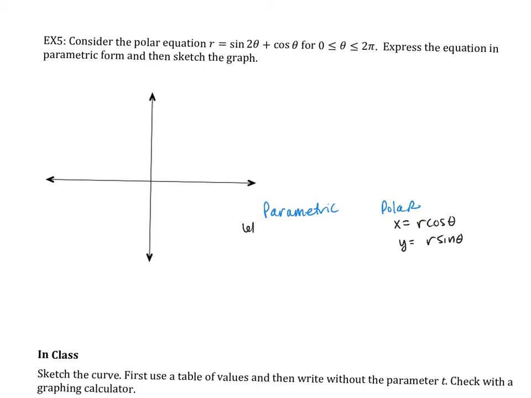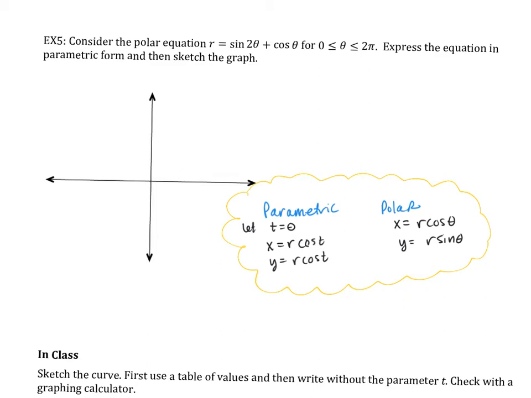If we just let our parameter, our t, replace our theta, then we can just rewrite these as parametric equations: x equals r cosine t and y equals r sine t. So they work actually very well together. That's an easy switch, just to let our parameter be theta.